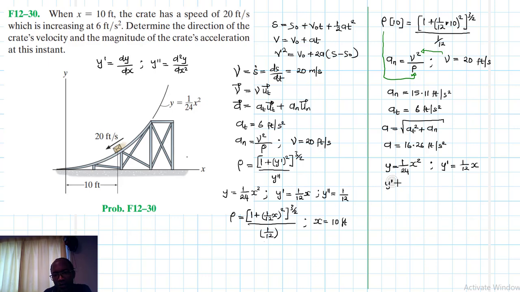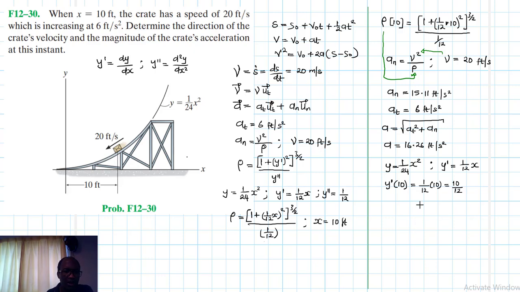Then y prime at x equal to 10 feet is equal to 1 divided by 12 times 10. We'll leave it like this, as 10 divided by 12.